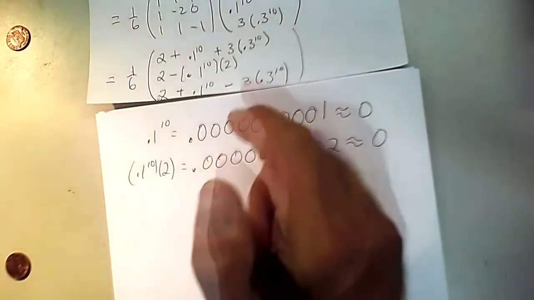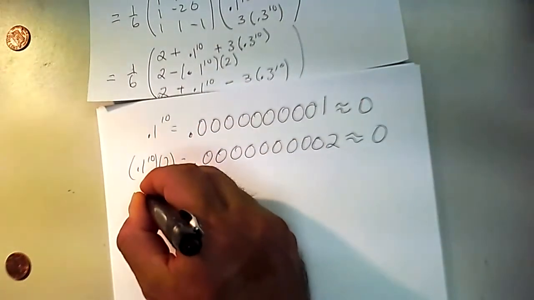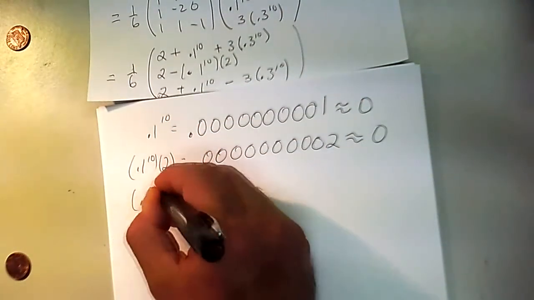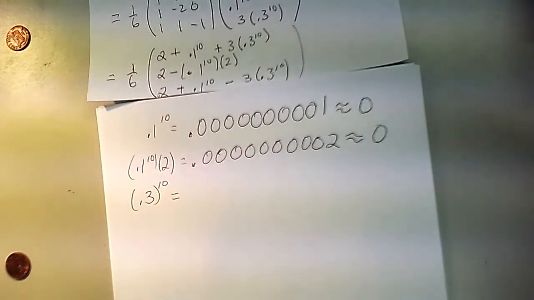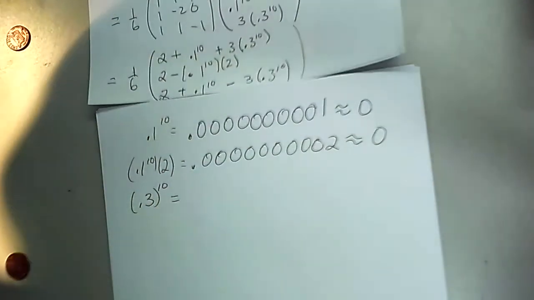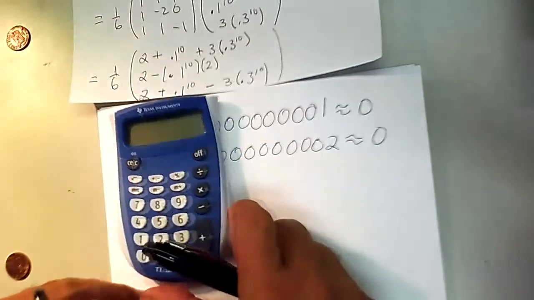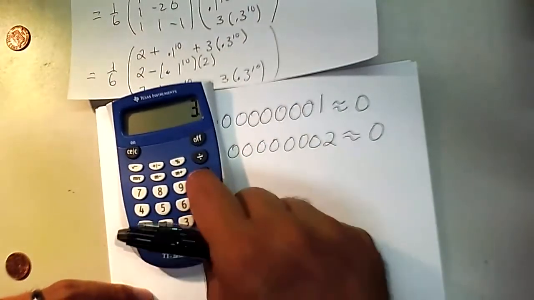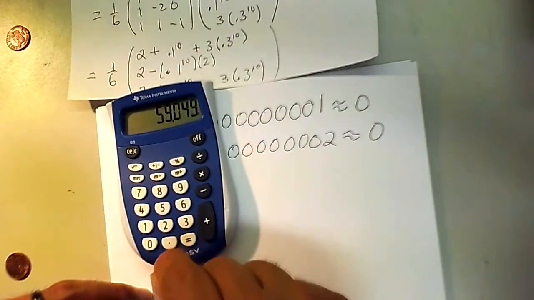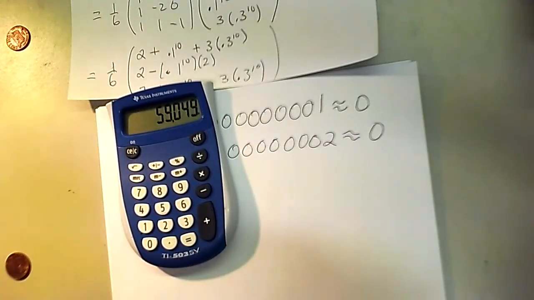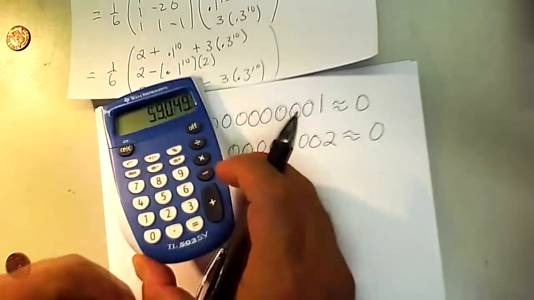0.3 to the 10 is more complicated. I don't know if a calculator will be able to figure this out. How far we can go, 3 times, so that's 2, 3, 4, 5, 6, 7, 8, 9, 10. Okay, that isn't too bad.